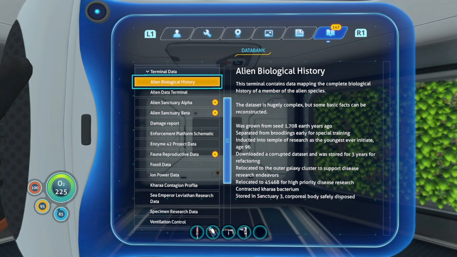Huh. That's interesting. Now, if I'm not mistaken, I think this data entry specifically you get from the alien caches.